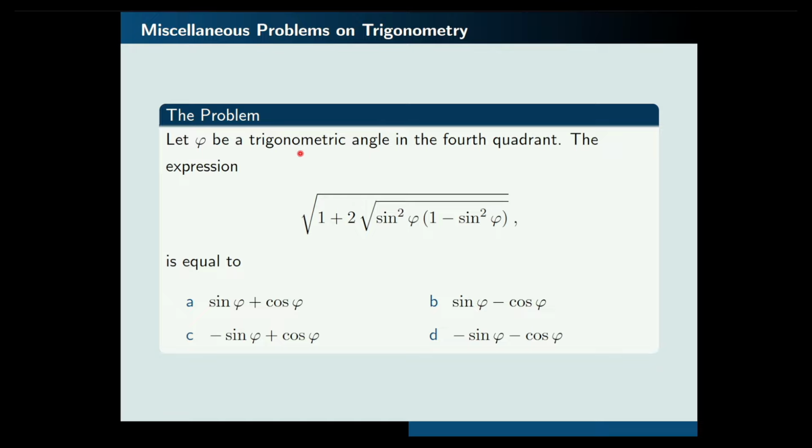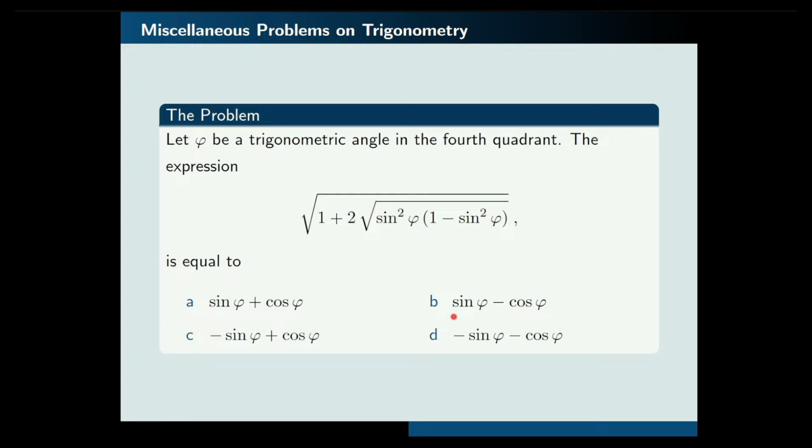Let phi be a trigonometric angle in the fourth quadrant. The expression square root of 1 plus 2 times the square root of sine phi squared times 1 minus sine phi squared is equal to, you have four options available here. Part A, sine phi plus cosine phi.